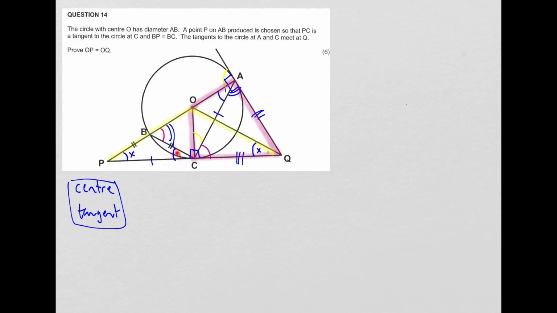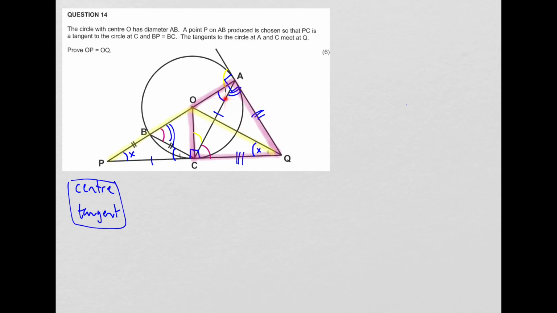But we're going to use the fact, firstly, that this is perpendicular and that's perpendicular, because that enables us to say that the quadrilateral AOCQ is cyclic. Then we're going to show that within the cyclic quad, this angle A1 equals that angle Q1 because they are angles in the same segment.